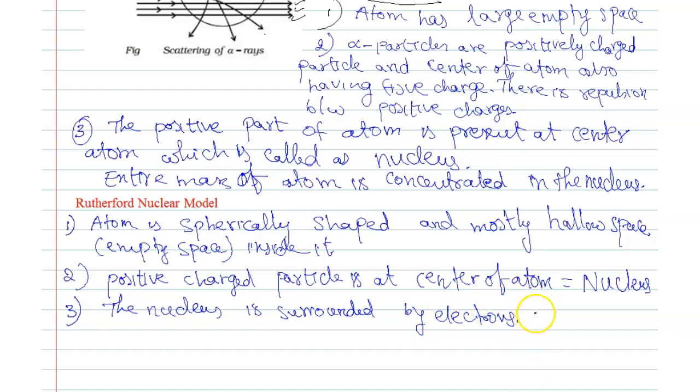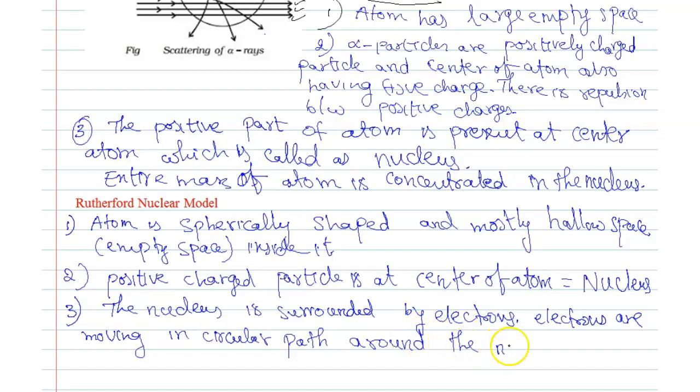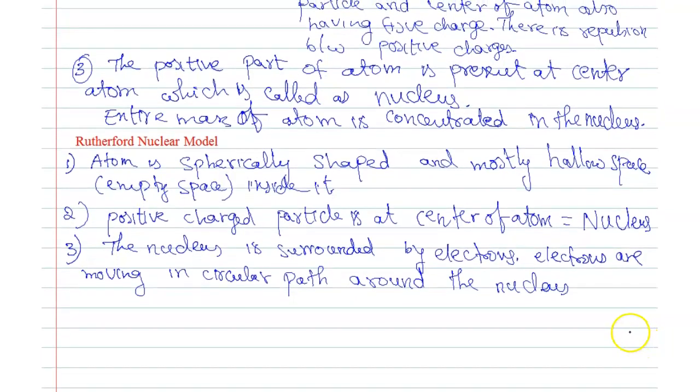How are the electrons moving? The electrons are moving around the nucleus with high speed in a circular path.